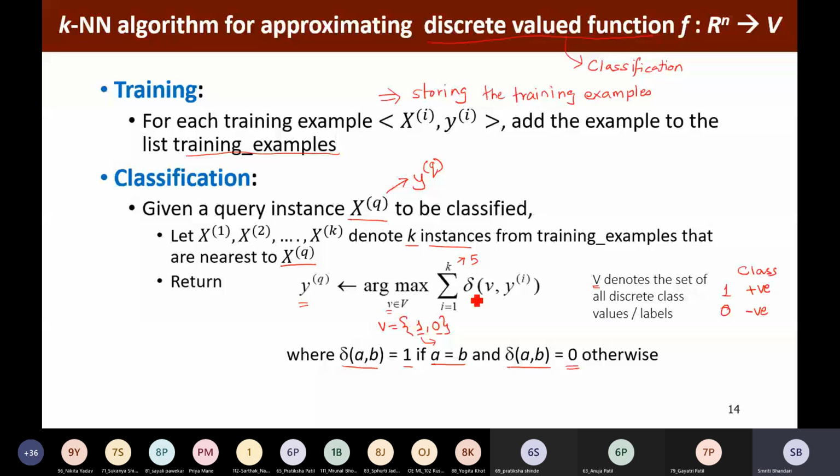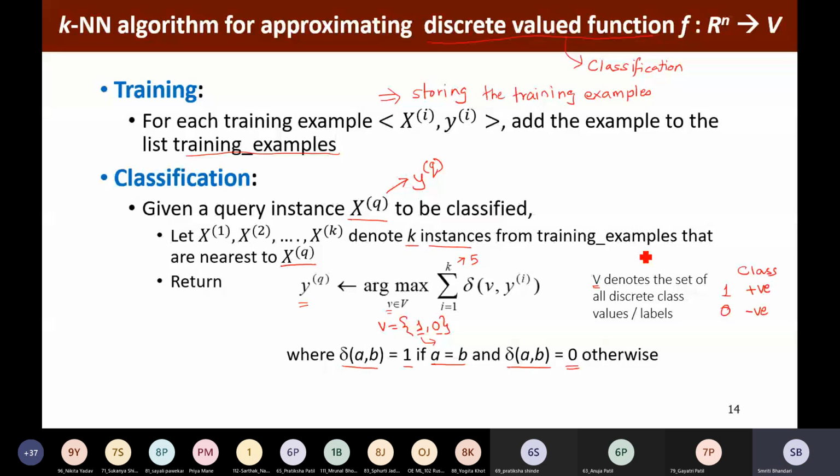Delta is comparing v and yi. If both are the same, it returns 1, otherwise it returns 0. Now, let us assume that our k value is 5, and we have identified 5 instances from the training examples that are nearest to xq.